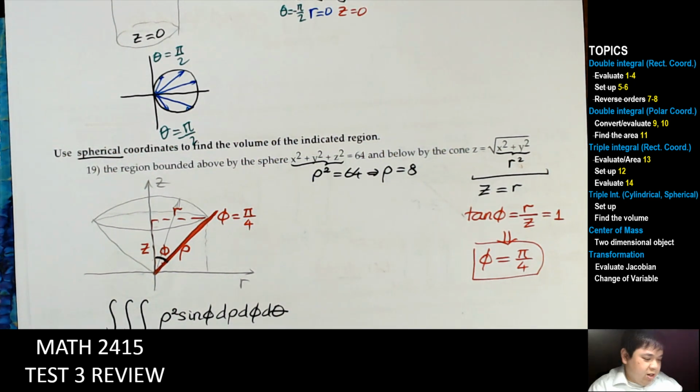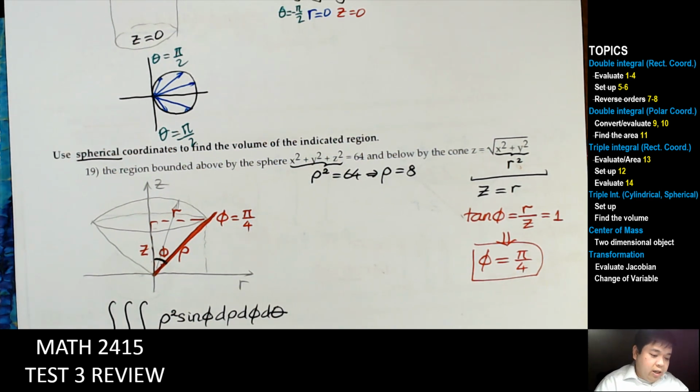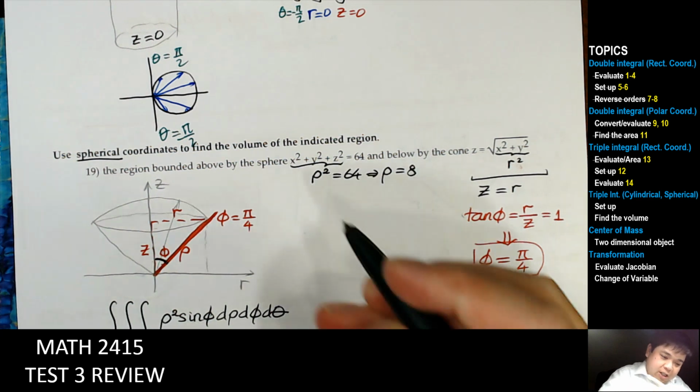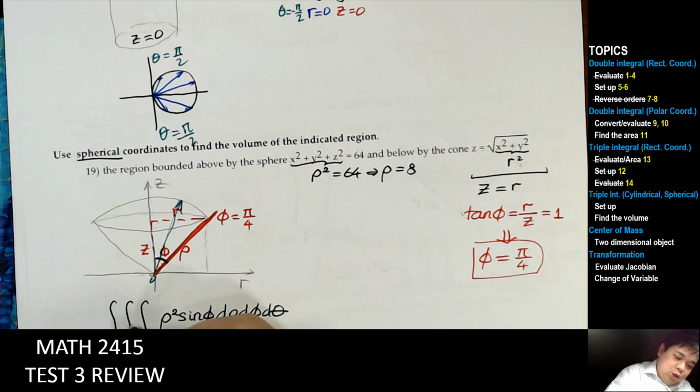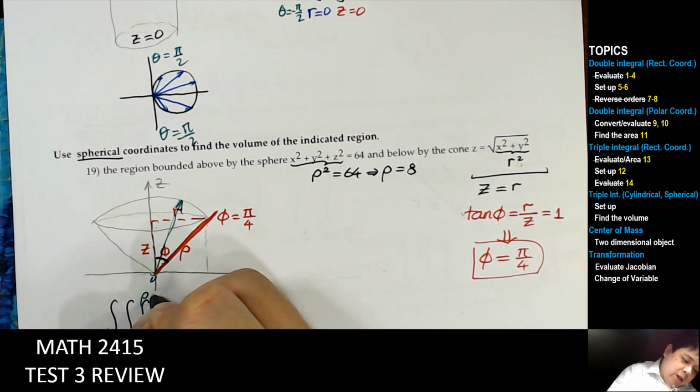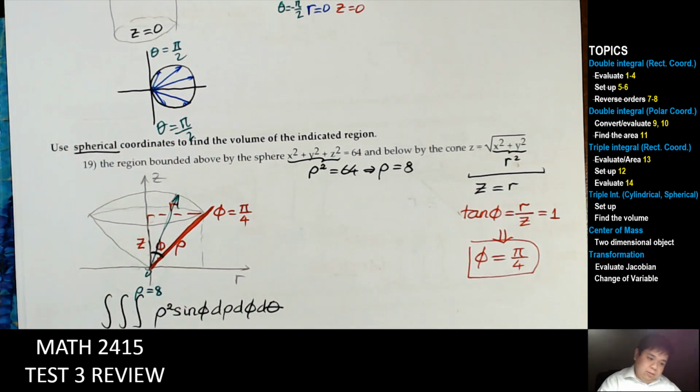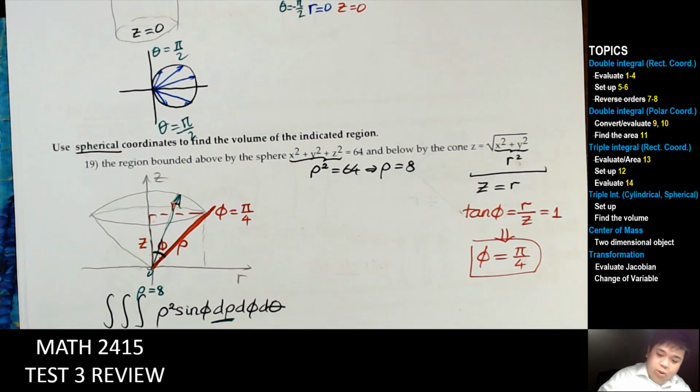Alright, rho, that's the easy one. Go from 0 to 8 from the inside to the edge. Rho equal to 0 to rho equal to 8. So that is the rho.